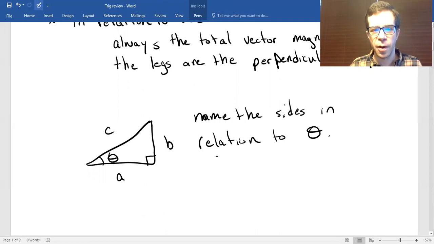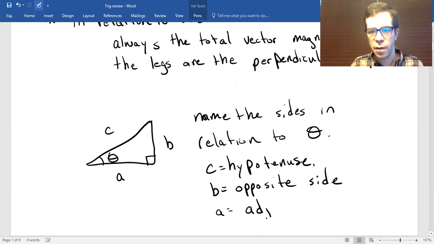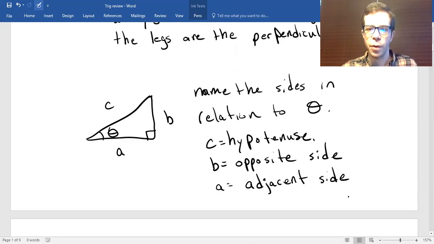That tends to be the way they're labeled. So the longest side, we're still going to call the hypotenuse. The side opposite angle theta, we're going to refer to as the opposite side. And A then would be the side adjacent to angle theta, right? Next to or across from.